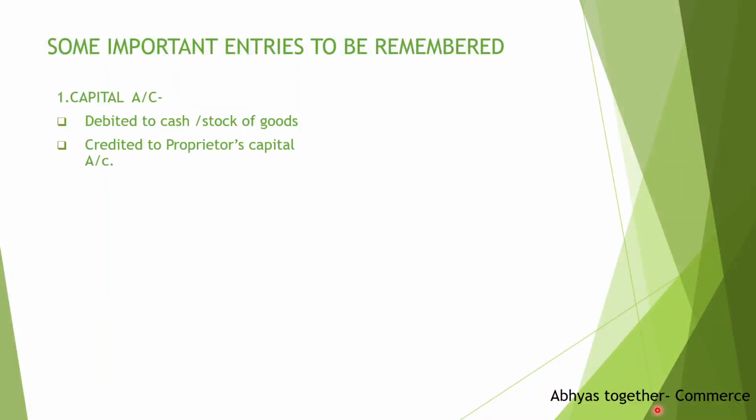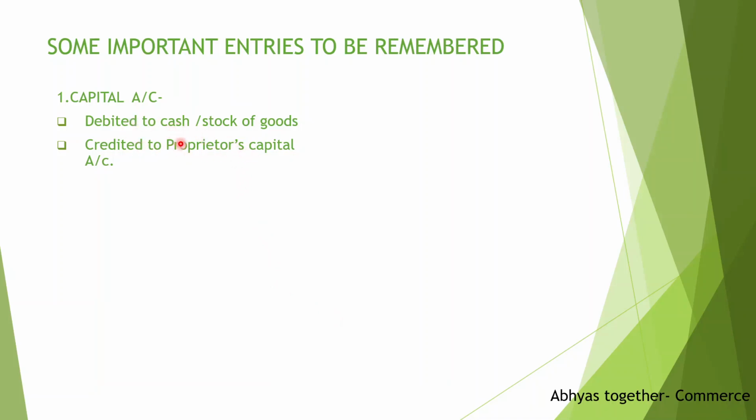The first one is the capital account. Every business, whether it is a startup or an already running business, needs capital. That capital may be in the form of cash or in the form of goods. Whenever a proprietor brings cash into the business, we debit the cash account and credit the proprietor's capital account.